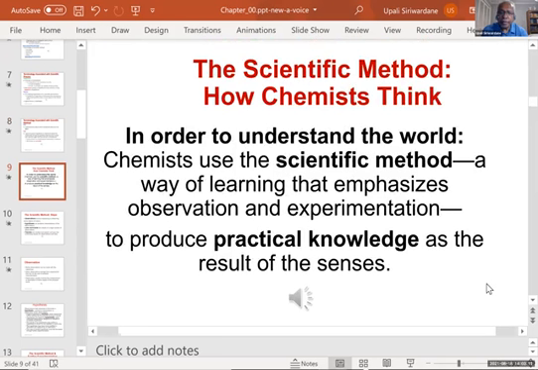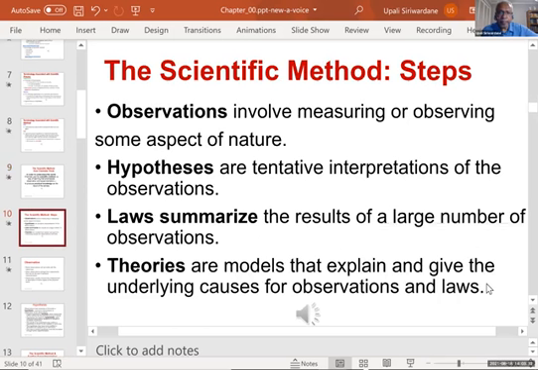Practical knowledge is the result of the senses. Based on our senses, hearing, seeing, we extend our senses to instrumentation. Instruments are our expansion of senses. So we talked about those five steps, leading to theories.